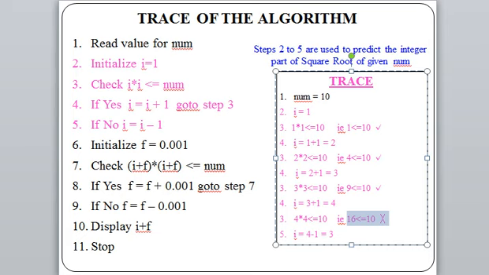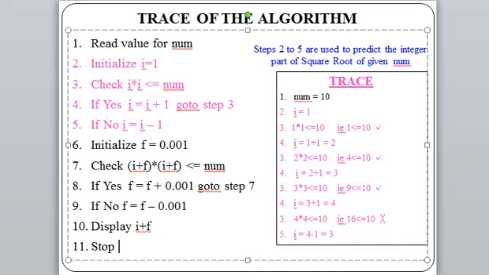So 9 is less than 10. Subtracting 1 from I, 4 minus 1 is equal to 3. So 3 is the integer part of this square root. When I find the square root of 10, the integer part we obtain is 3. This is how the integer part is computed.